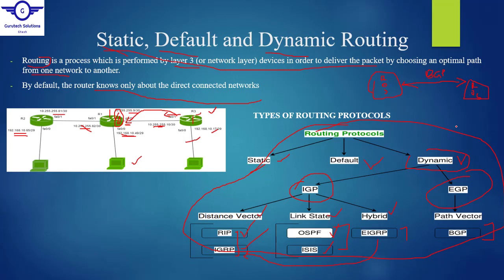You just configure any of these routing protocols. Basically I always recommend dynamic. Under dynamic, I always recommend OSPF and RIP. And there are some circumstances where we must use default, and some static.